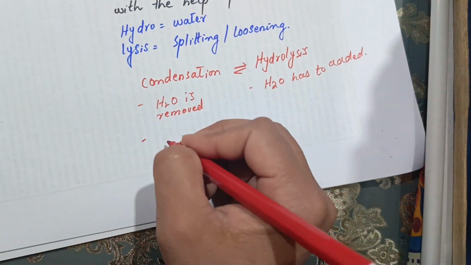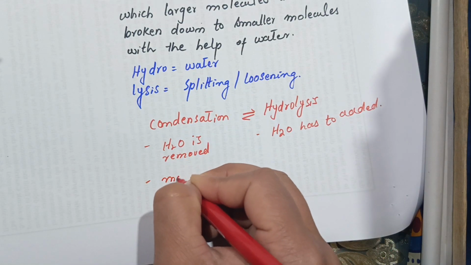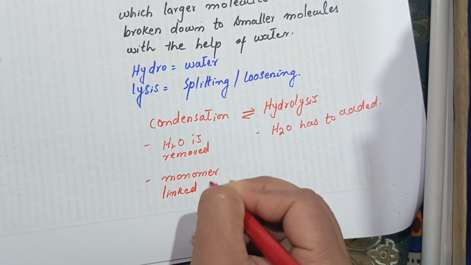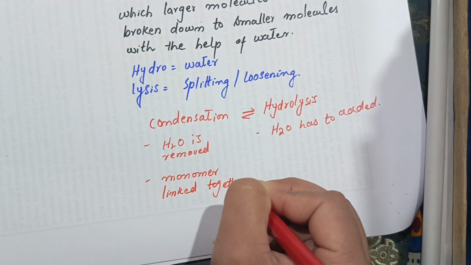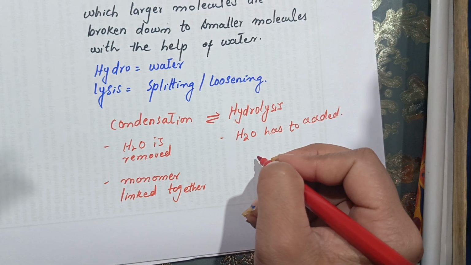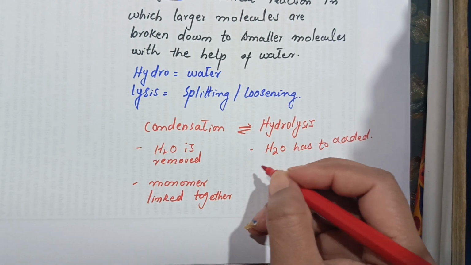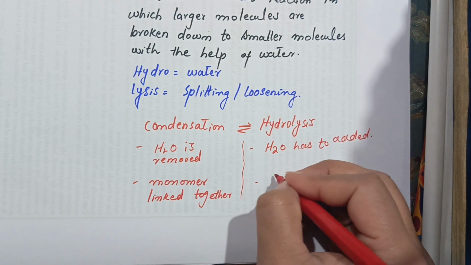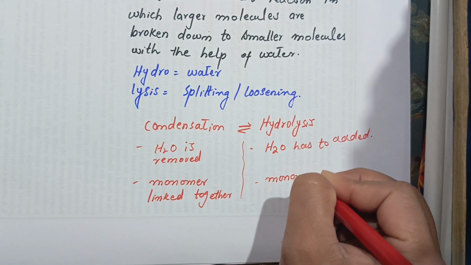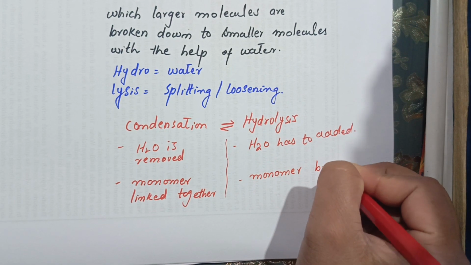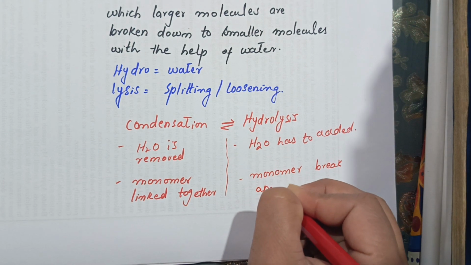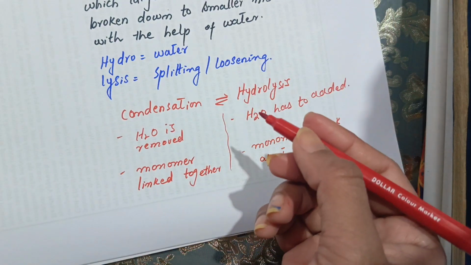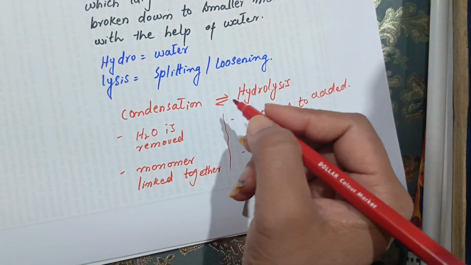In a condensation reaction, two monomers are linked together, while during the hydrolysis process, monomers break apart, are separated from each other, and the monomers are produced because of the hydrolysis process.